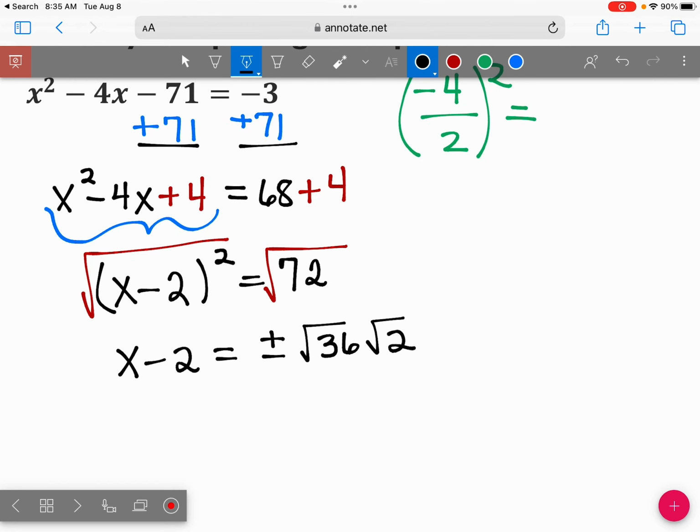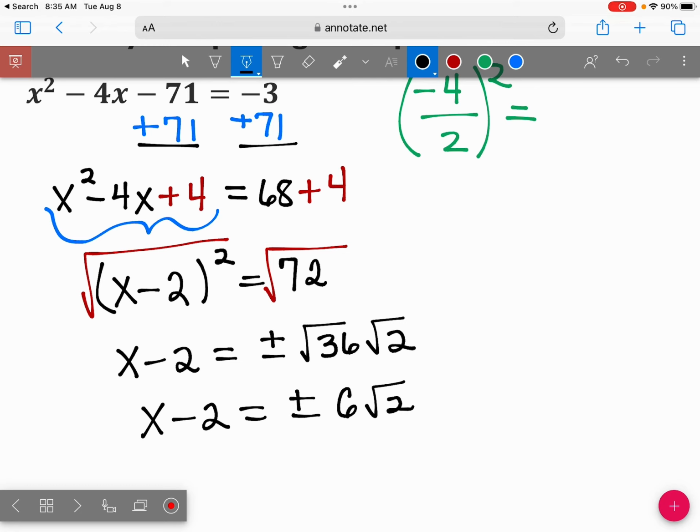So that's why it's going to break down to X minus 2 equals plus or minus 6 root 2. So that's the hard part.